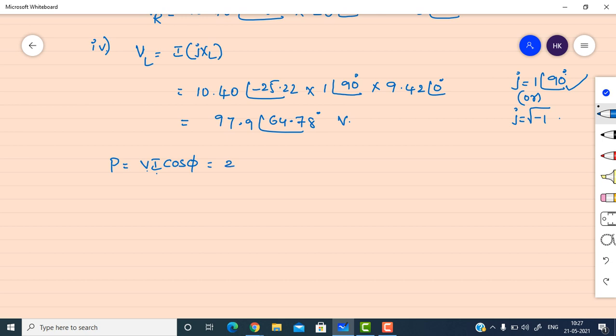Voltage value 230 at an angle 0 into current 10.40 at an angle minus 25.22. Sorry, no need to write that. These are RMS values, right? Voltage and current, so you only have to write the R value.